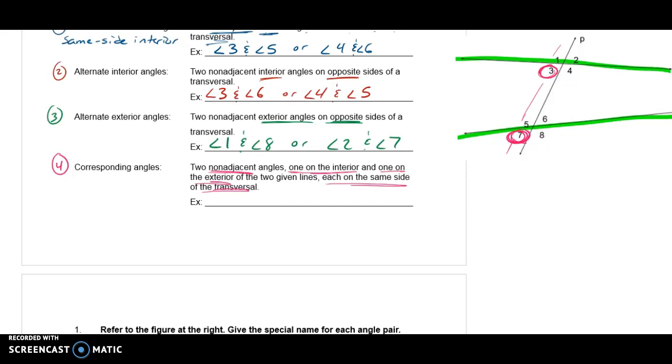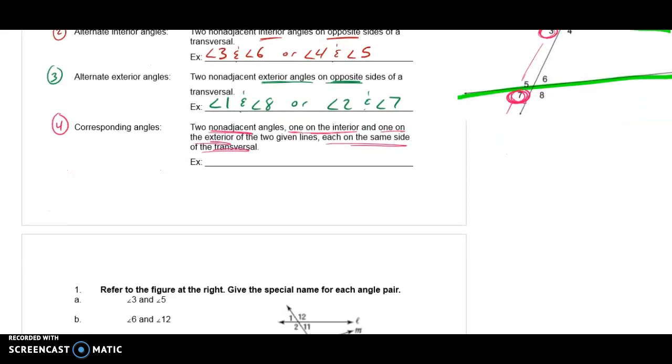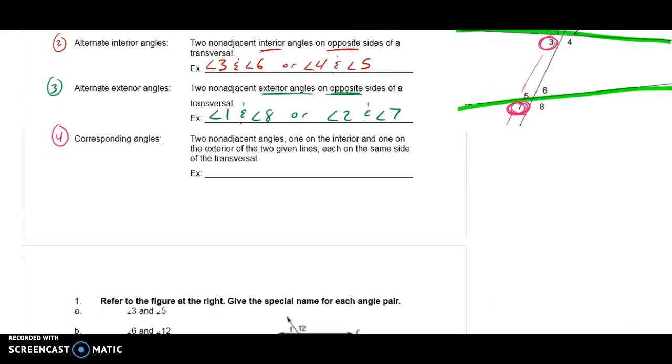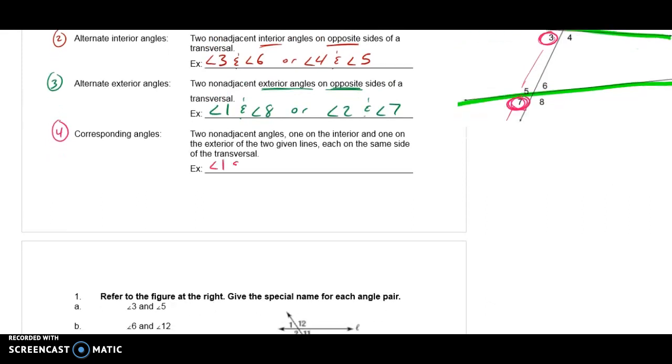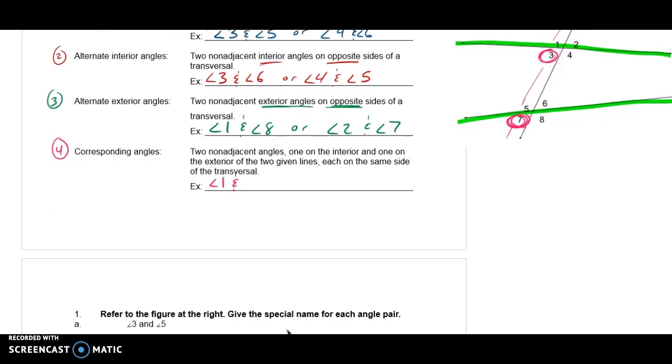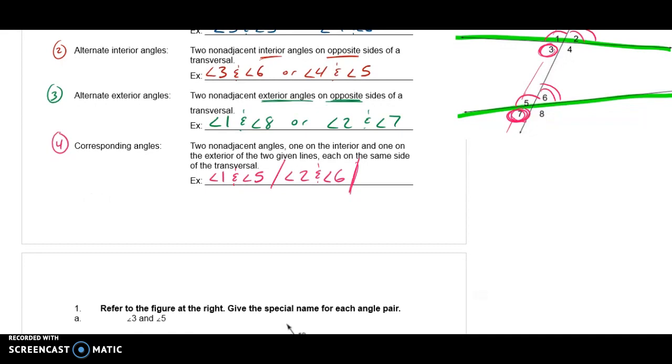So there's 4 options for corresponding. They are angle 1 and angle 5, so this one and this one. Angle 2 and angle 6. Angle 3 and angle 7, the two I already circled.